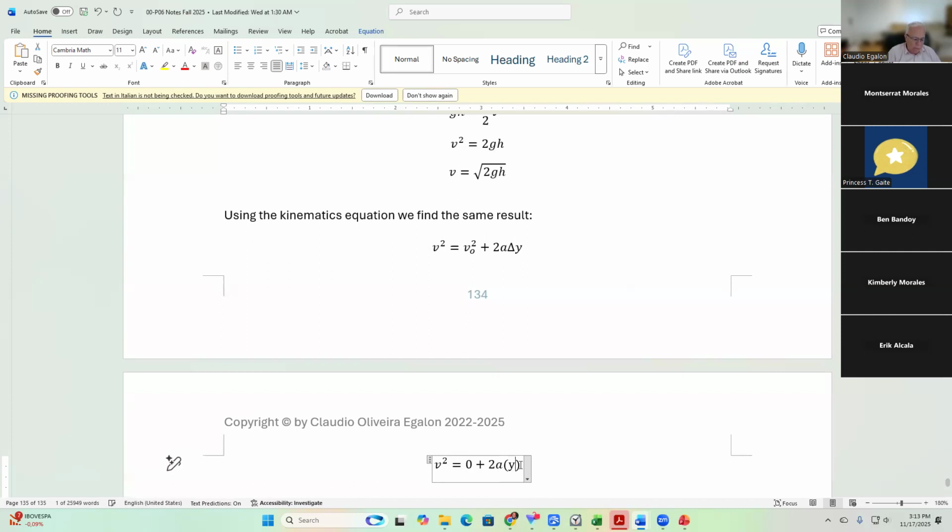Delta y is y final minus y initial, okay? The acceleration is going to be g. y final is 0. y initial is h.